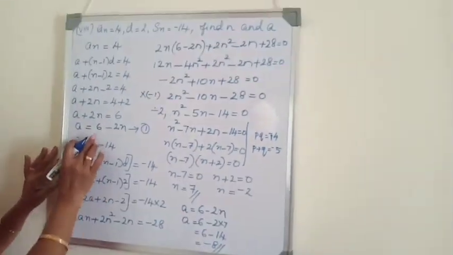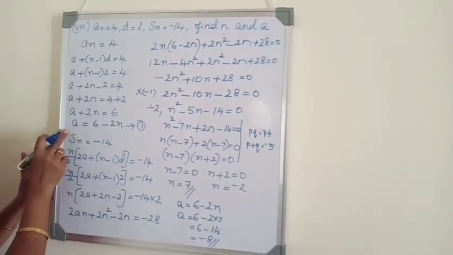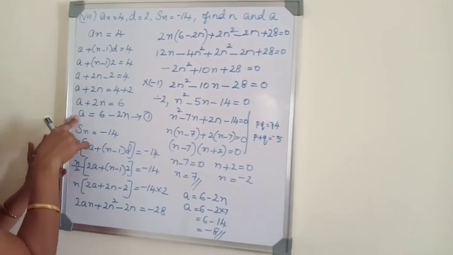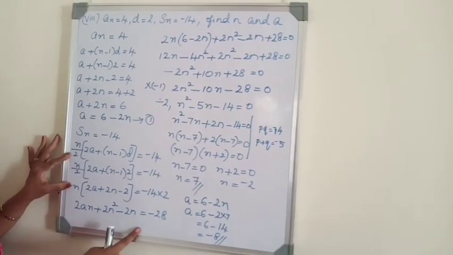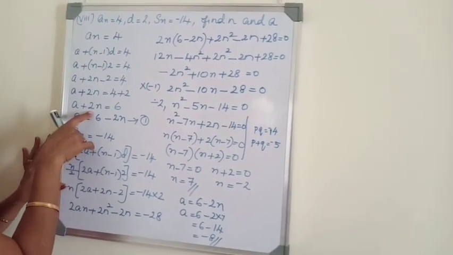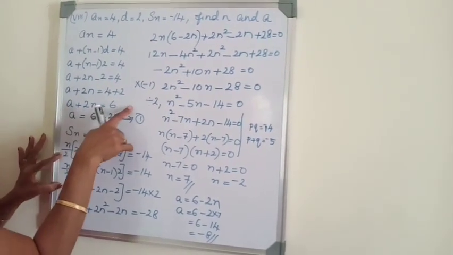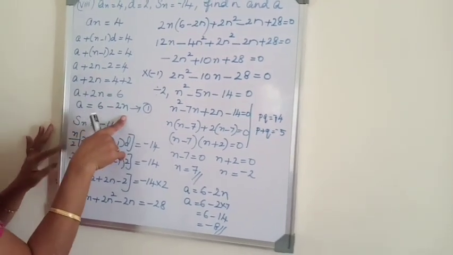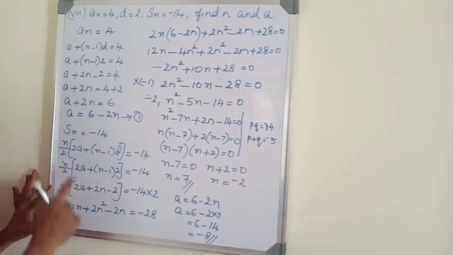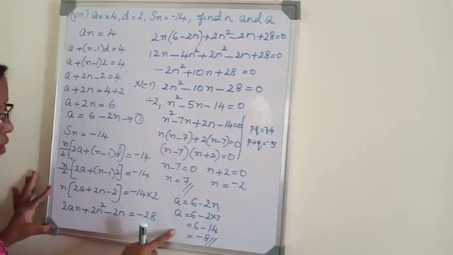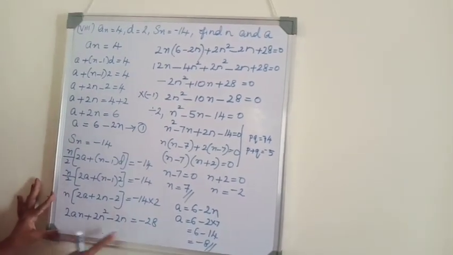This type of question comes: you have to find a equals 6 minus 2n and substitute. If you take n, we have to write 2n equals 6 minus a, n equals 6 minus a by 2. Calculation will be more. So we are taking it in a simple way: substitute and get the value of n, then find the value of a.